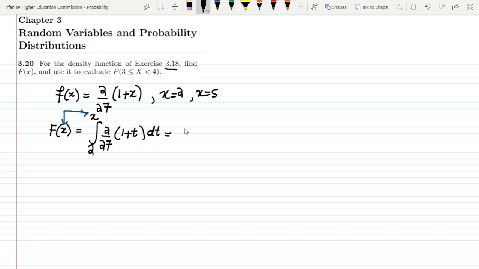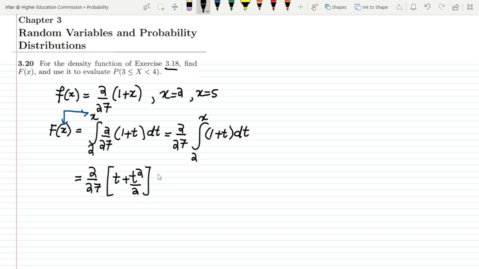So it will become 2 by 27, integrating 1 plus t dt from 2 to x. Now integrating it, I will get 2 by 27 times t plus t square by 2, evaluated from 2 to x.